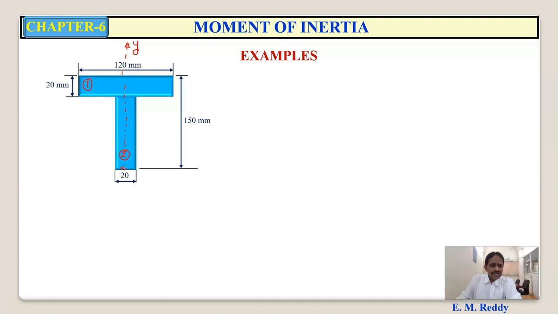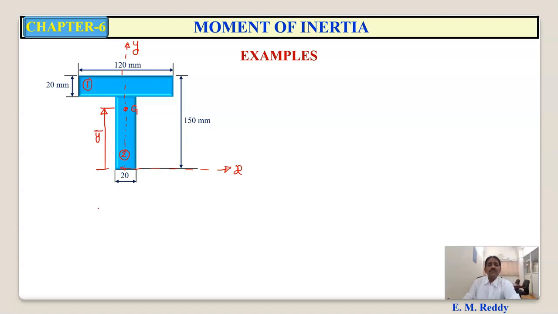Then I am taking this as the origin, and this is the x-axis. Being symmetrical about the y-axis, x bar is 0. Now we only have to find y bar, that is the distance of the centroid of this figure from the x-axis. So this is y bar.